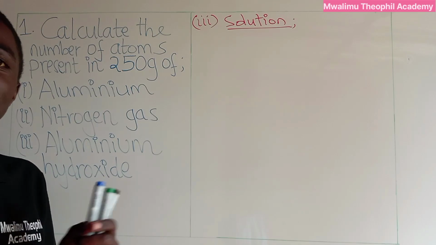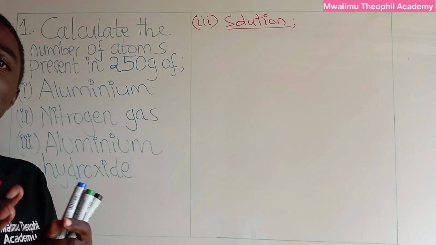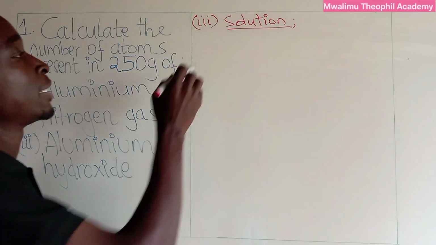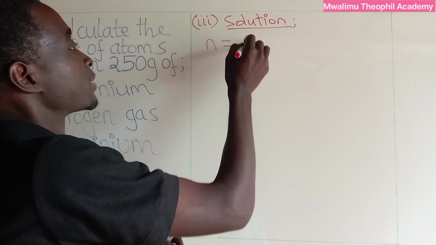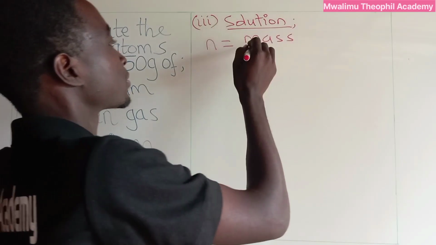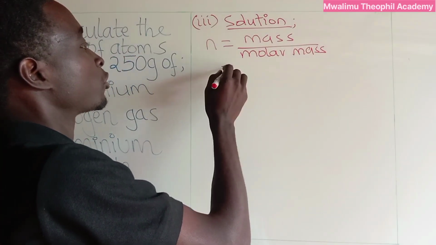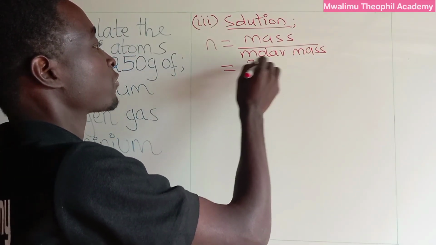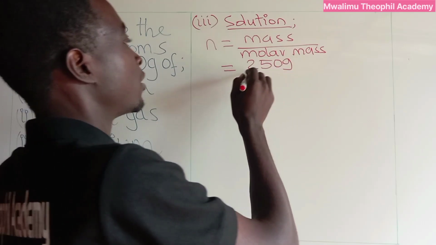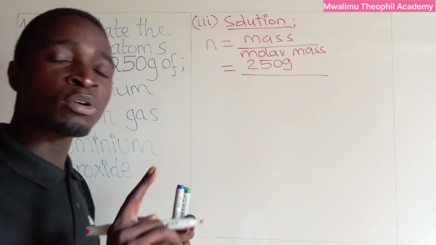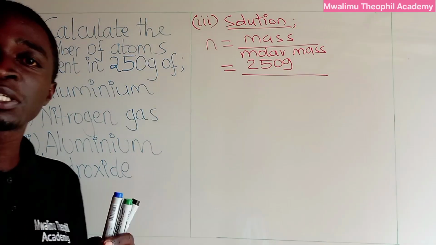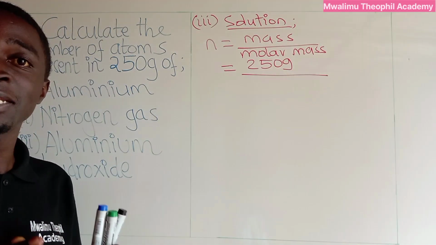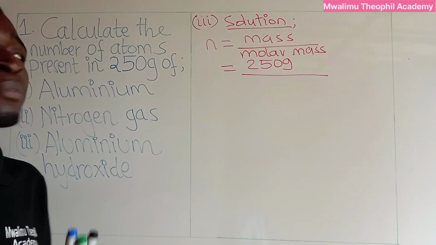You have to remember the number of moles is equal to the mass over molar mass. It will be equal to the mass given, 250 grams, over the molar mass of aluminum hydroxide. The molar mass of aluminum hydroxide is equal to 78.003 grams per mole.